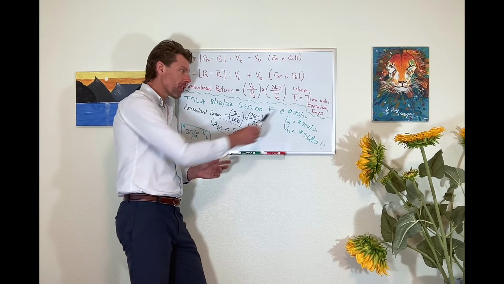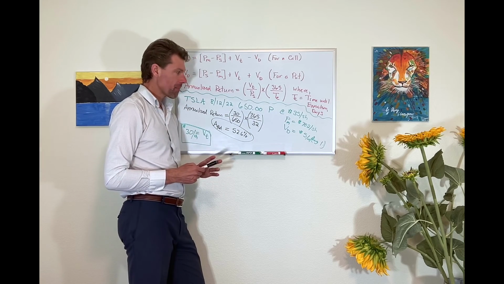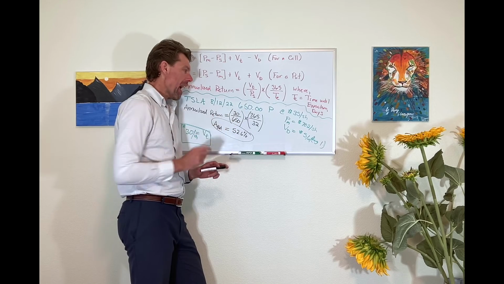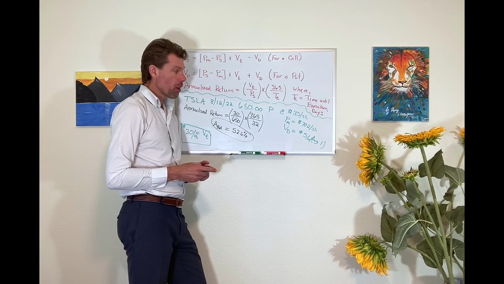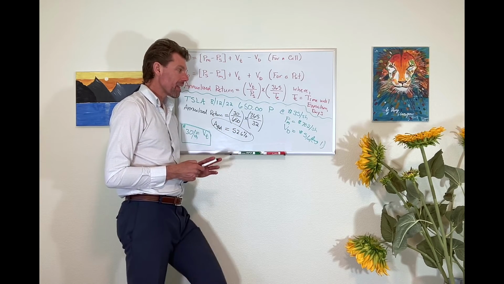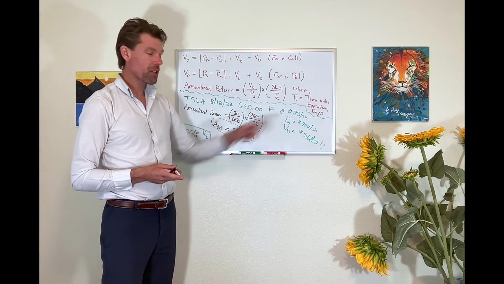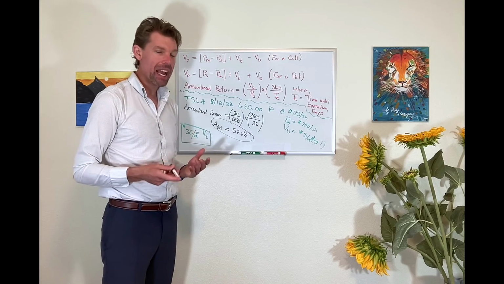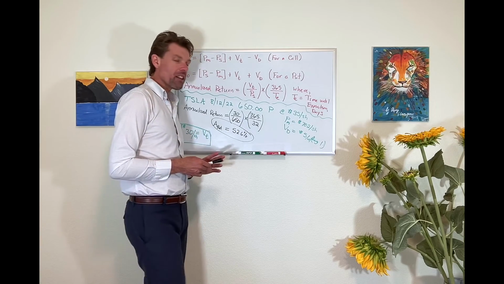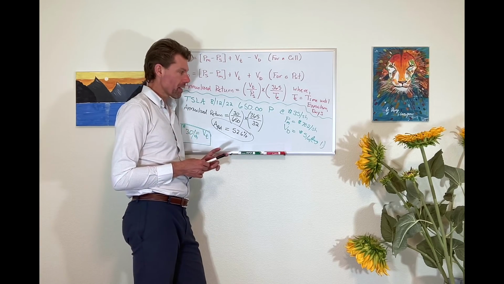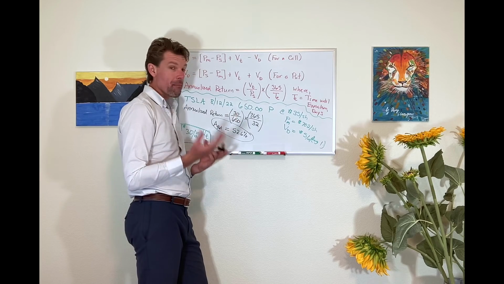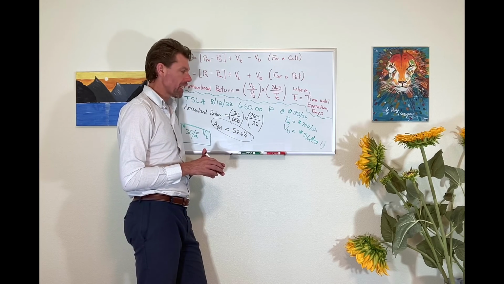Well, he paid $35 for the right to sell at $650 a share. So in other words, the price is going to have to fall less than $650 minus $35 for him to make any extra gain in the deal of this contract. $650 minus $35 is $615.